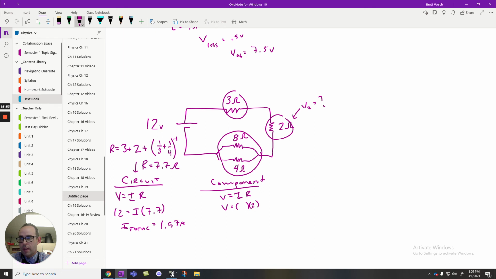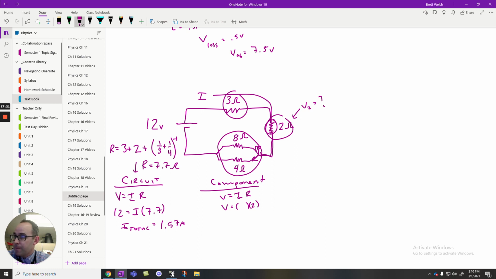And if I bring that number over, now this is really important. We have to decide if we're losing our voltage, if the current is all going through this resistor or if it's been split. The way that you know if the current has been split is if you're in a parallel path. As we go through this 2 ohm resistor, we are not in a parallel path. If I asked you about the 8 or the 4, the voltage loss there is different to find because not all of the current is going to go through each of those resistors.